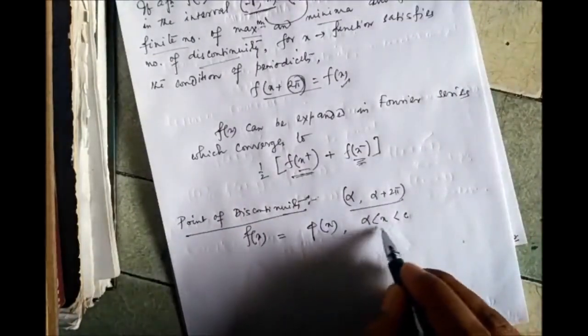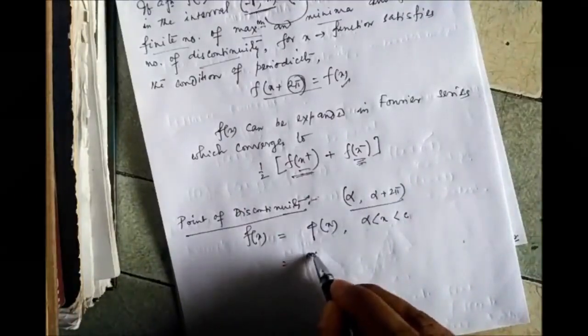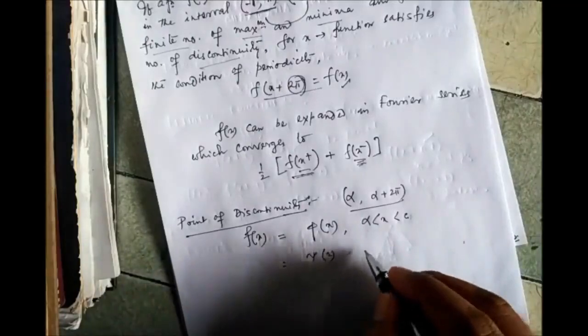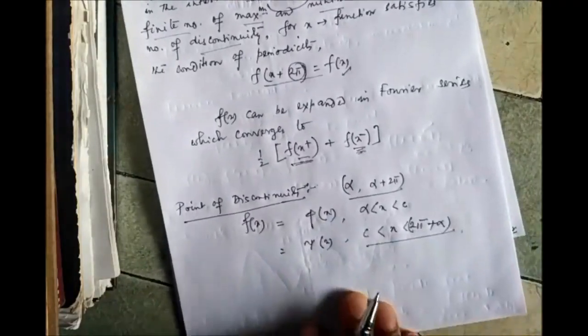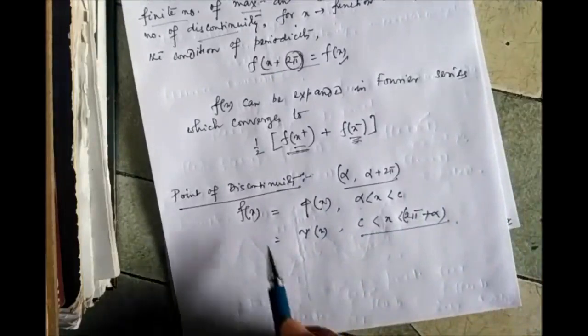And f(x) is defined as psi(x) in the interval c less than x less than twice pi plus alpha, right? So f(x) has these two forms.